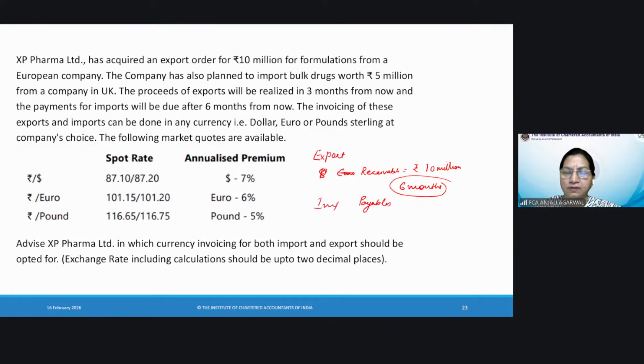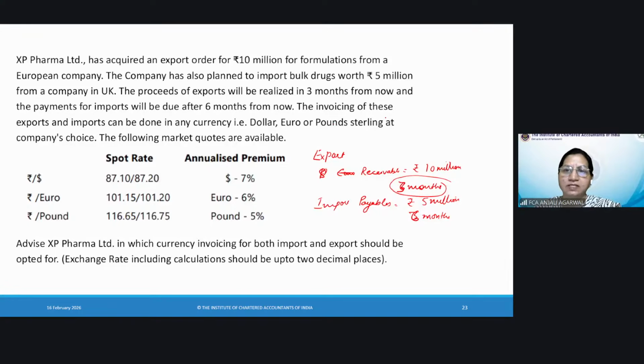Imports payable, rupees 5 million. But this is after 3 months. This is 3 months and this is 6 months, sorry. So receivables are after 3 months and payables are after 6 months.